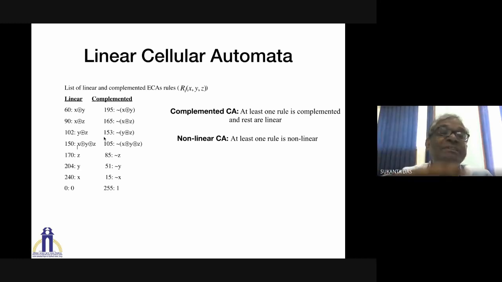Out of these 16 rules which are shown here, no rule is chosen from these 16 rules. Apart from the 16 rules, if any other rule is chosen in the rule vector, then that CA is a nonlinear CA.